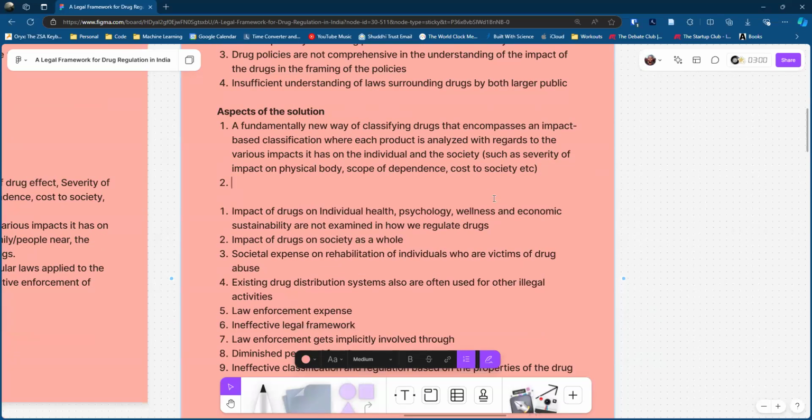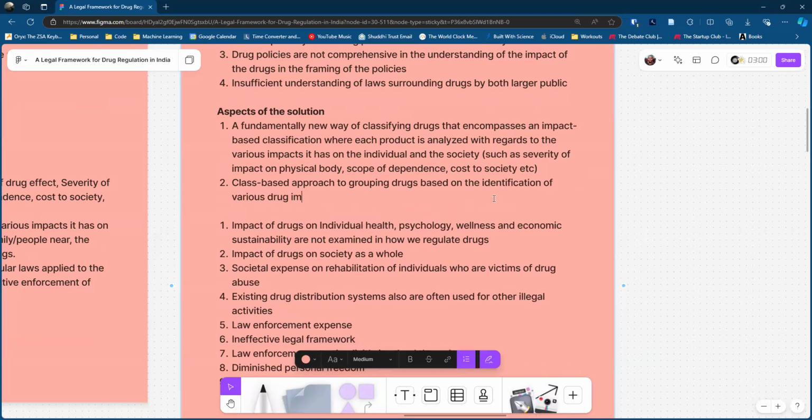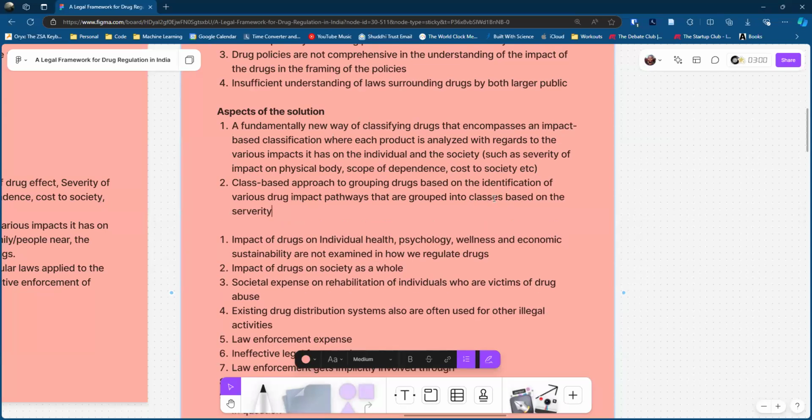And a class-based approach to grouping drugs based on the identification of various drug impact pathways that are grouped into classes based on the severity of the impact on society.